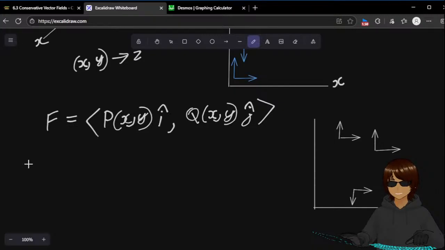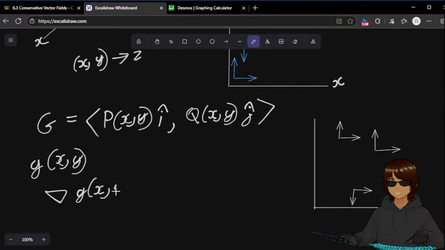So if there is some function g and I can write the gradient of g, let's say I make this capital G. G is a conservative vector field if there's a normal 3D function g of x, y where the gradient of g of x, y is equal to G. Some vector fields I can't represent as a gradient of some function.